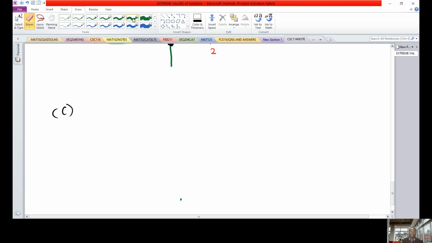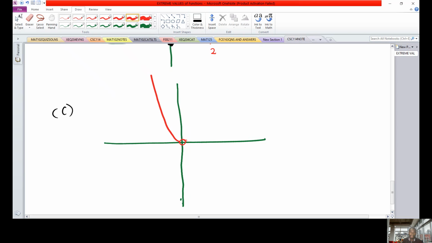The value of the function is not defined at 0, so there's a hole here. So y equals x squared, domain 0 to 2.